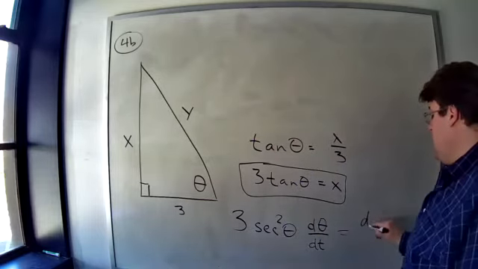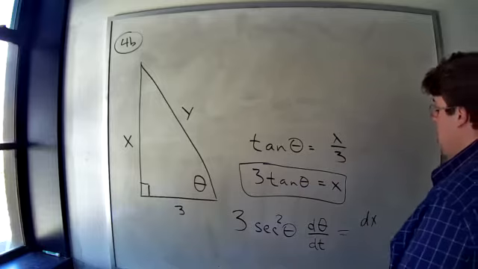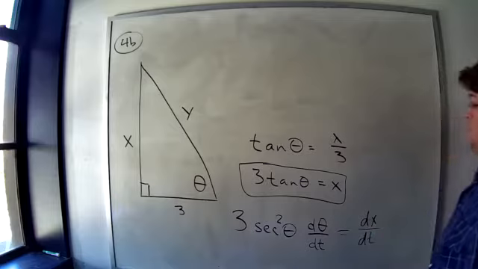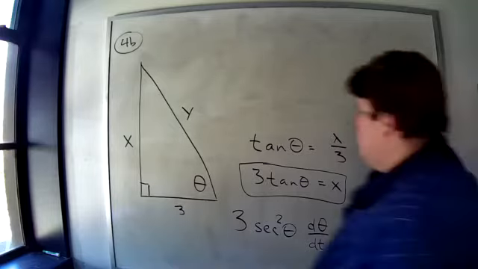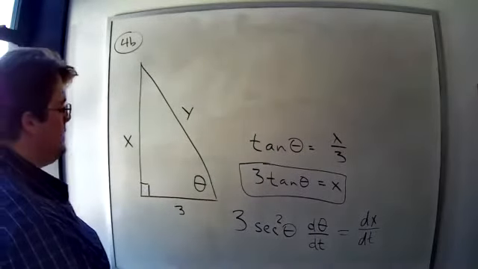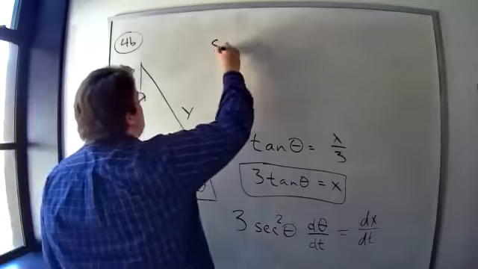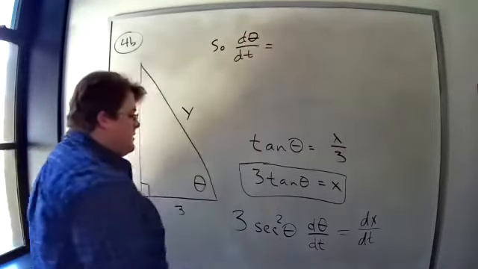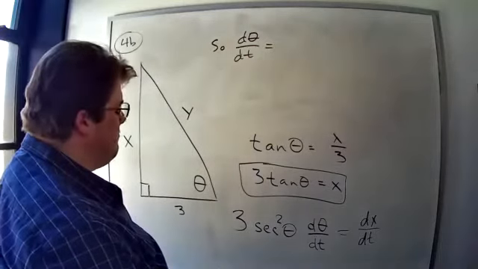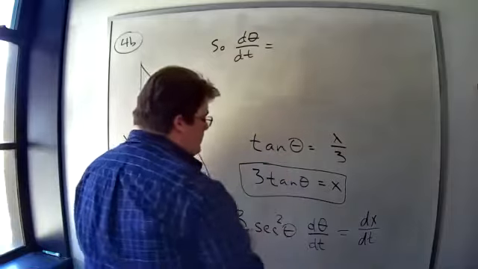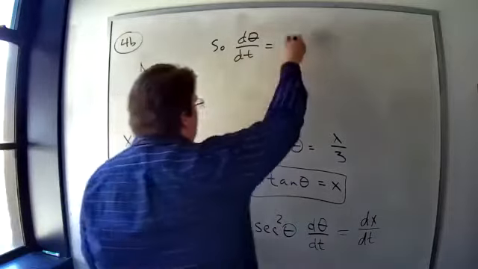And the right side, derivative of x with respect to time is 1 times dx dt. Well, we wanted to solve for d theta dt, so we can do that. D theta dt is what?